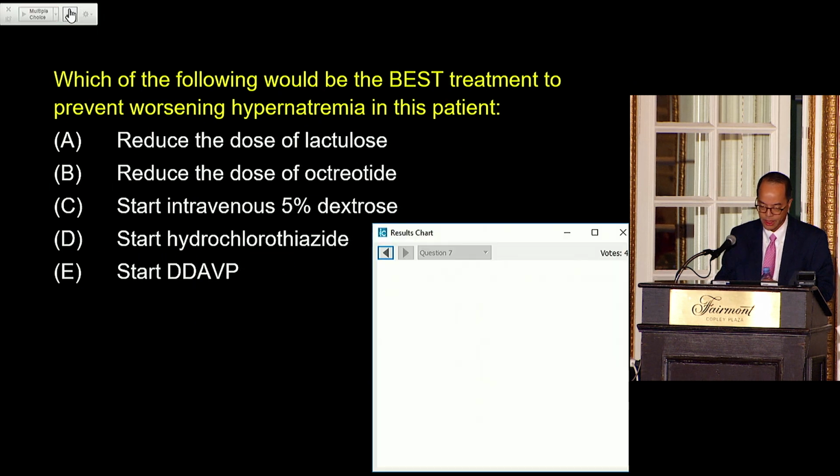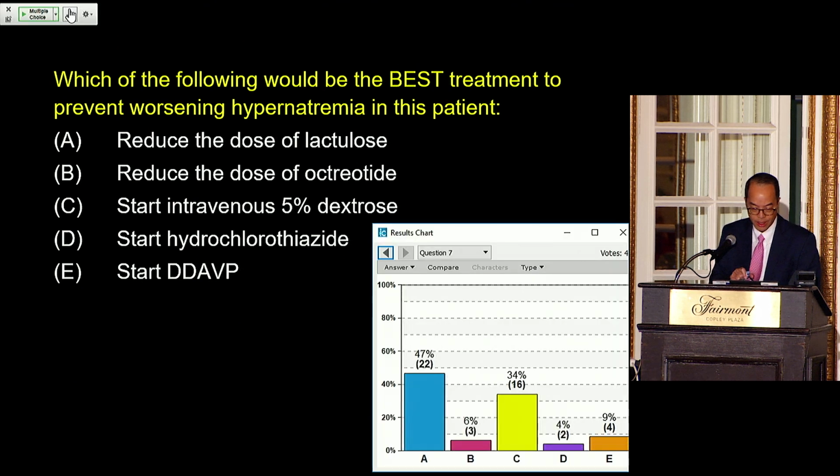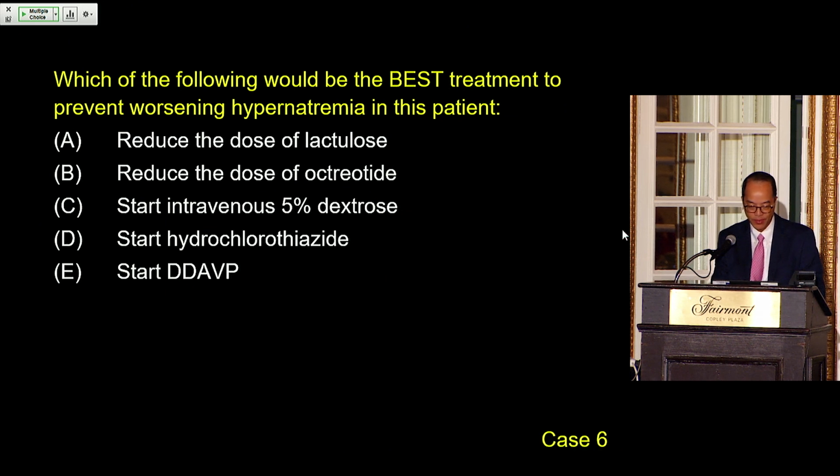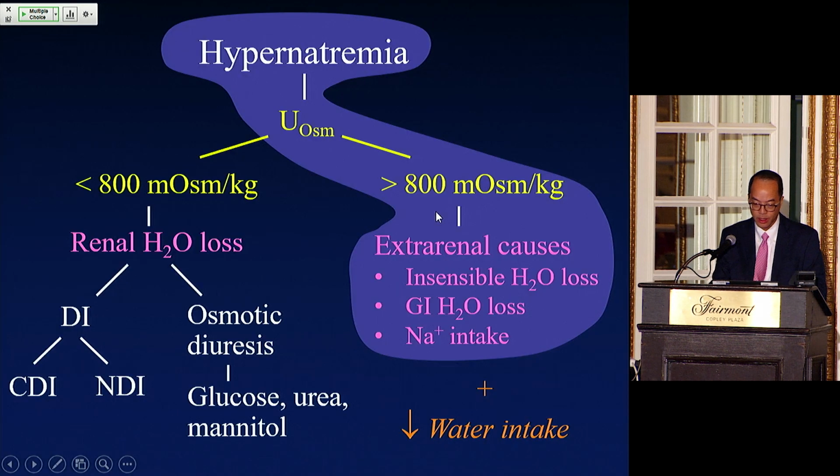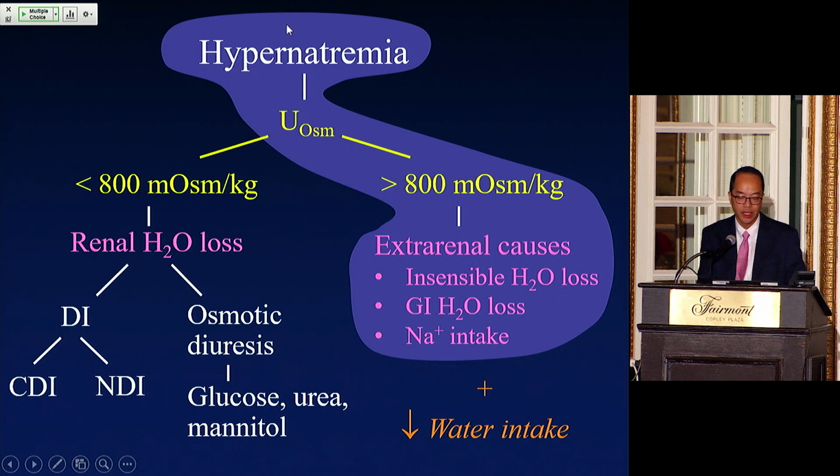Everyone made their choices. All right, a little bit of separation here. So most of you chose A, reduce the dose of lactulose, which is what I would choose. There's nothing wrong with starting dextrose, which is what the other third chose, but it's not the definitive treatment. So this is a patient that has, again, hyponatremia, but with a fully concentrated urine.